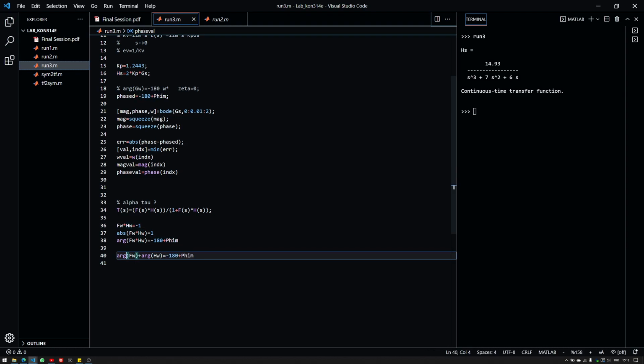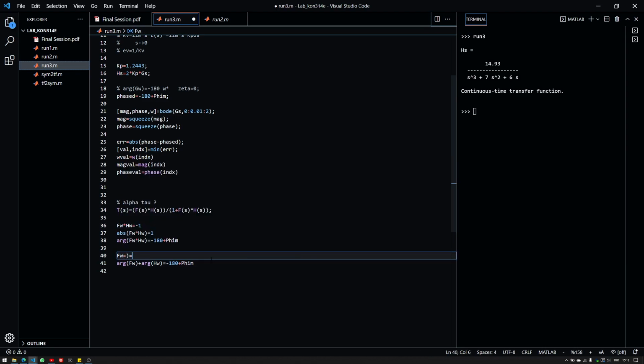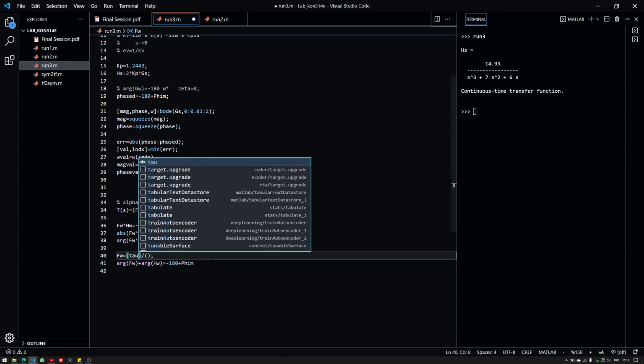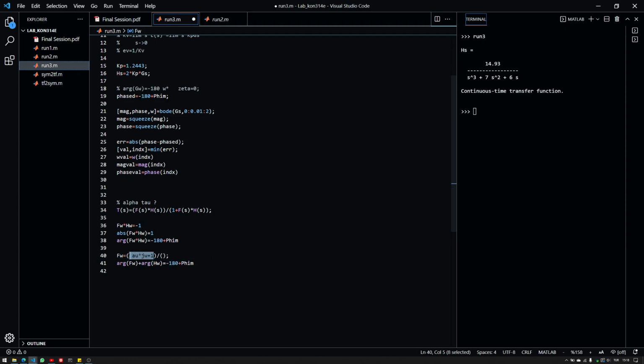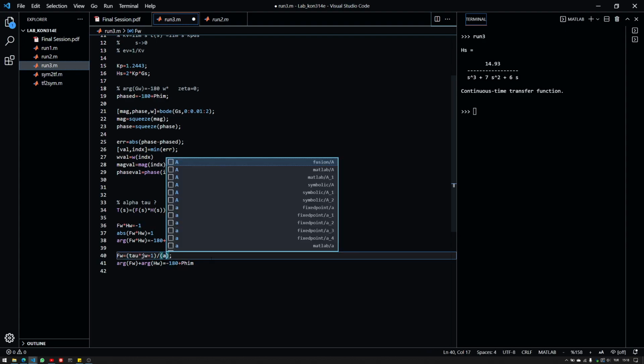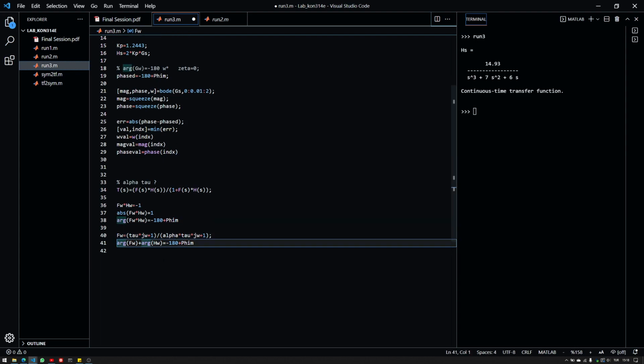But in our case, it's not the case, because F of omega is indeed tau times j omega plus 1, and then the same with alpha. And it is depending on omega. And it has a certain angle contribution, hopefully less than 0, so a negative value, hopefully.